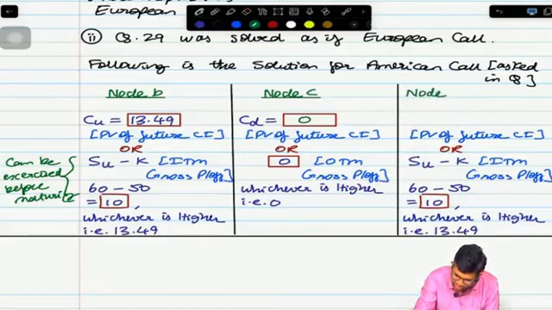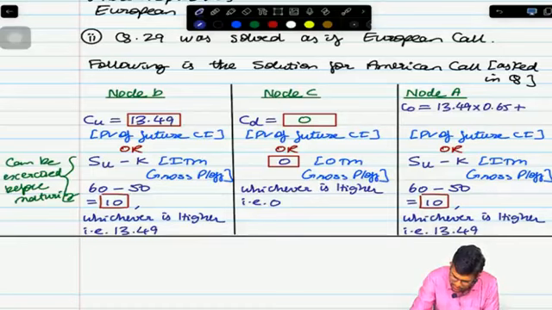I'll tell you. Node, what is this? Node A. C0 equal to 13.49 into, what was that? 0.65 plus 0 into 0.35.